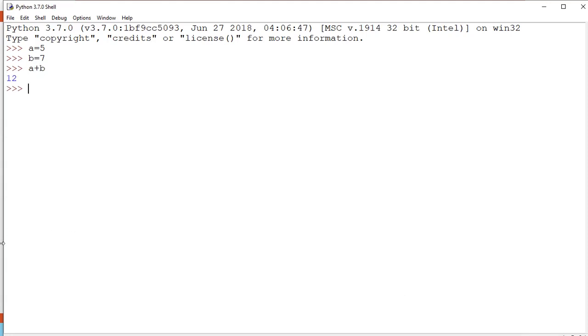That means this plus is the addition operator. It triggers the addition operation, and these two operands, a and b, show that there are two operands, so this operation is based on a binary operator. So plus here is a binary operator. Why? Because it is operating over two operands, a and b.